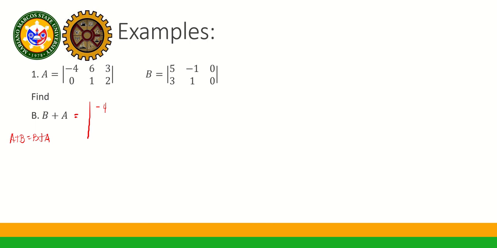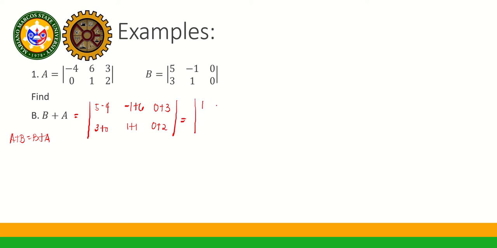So this will be equal to -4 plus 5. Hindi, B pala yung mauna. So we have 5 minus 4, and then -1 plus 6, and then 0 plus 3, tapos 3 plus 0, 1 plus 1, and then 0 plus 2.